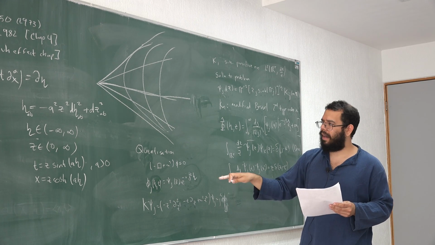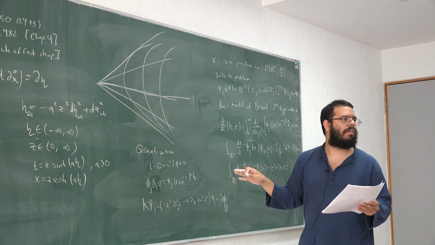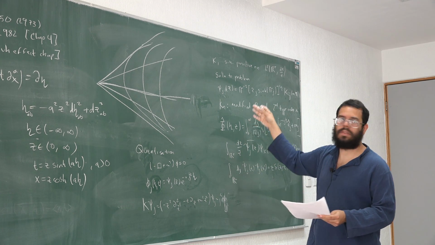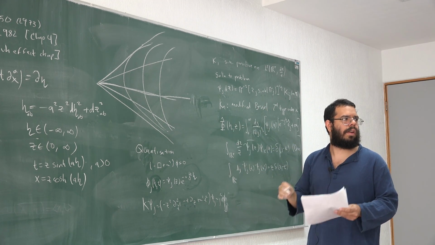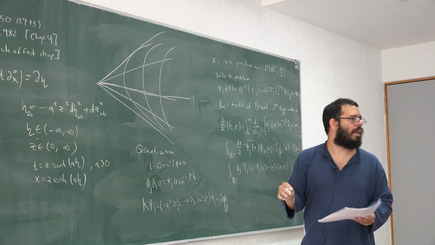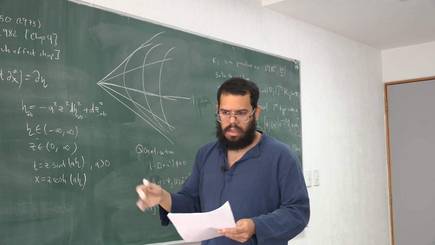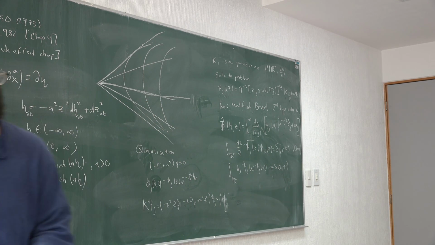In other words, the eigenvalue problem solves everything that we have. Every single solution can be expanded in terms of these eigenmodes. There are no funny solutions hiding in the negative spectrum or anything like that. Everything is there, okay?